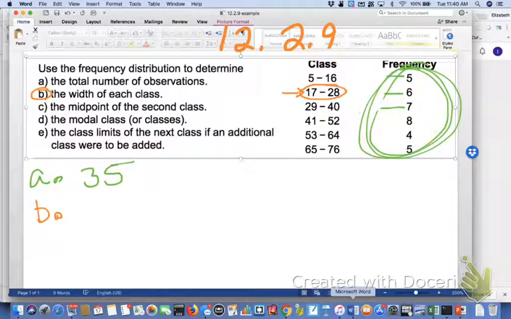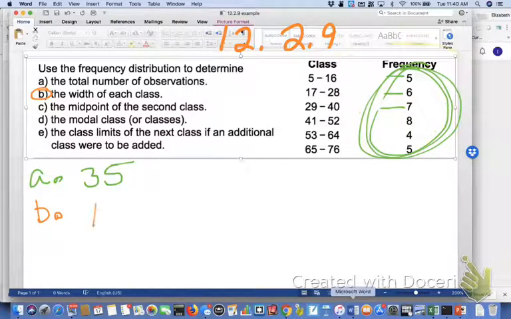And because it's a frequency diagram, we know that all of these classes have the exact same width, because that's one of the rules for a frequency diagram. So I am just going to go ahead and do it for the first one. You literally have to count how many numbers fall into that interval. So it's not 16 minus 5. I'm going to use tallies to show you visually.